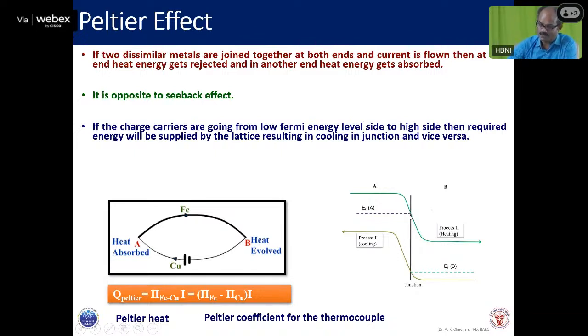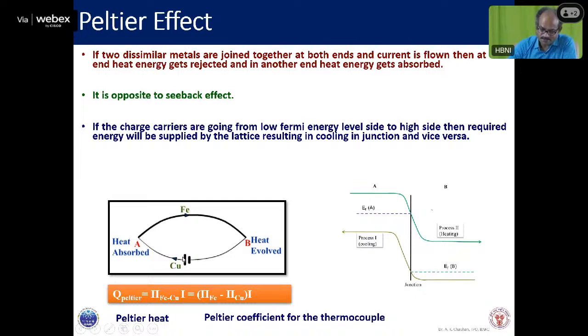Because the lattice is supplying the energy, it will get cooled. However, in the other junction, when it is moving from higher to lower, the energy will be released, in the form of heat. So at one junction you will eject heat, at the other junction you will absorb the heat.